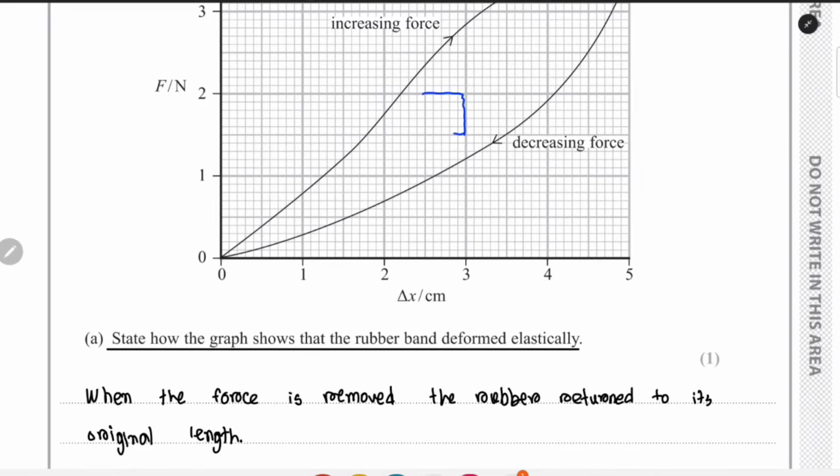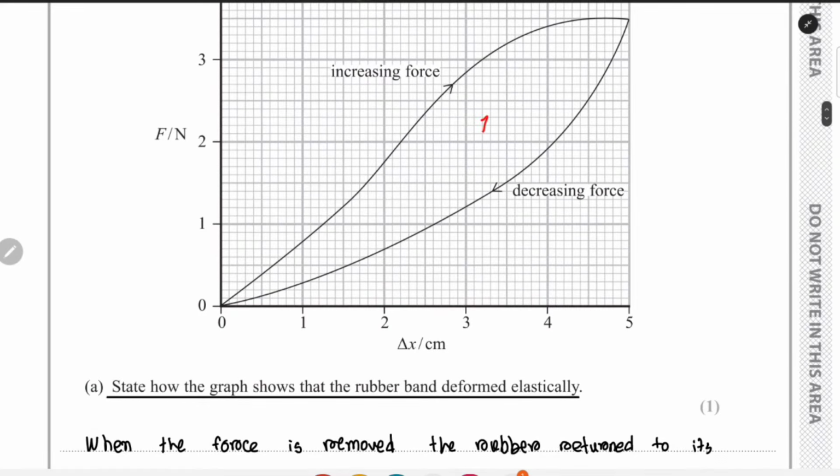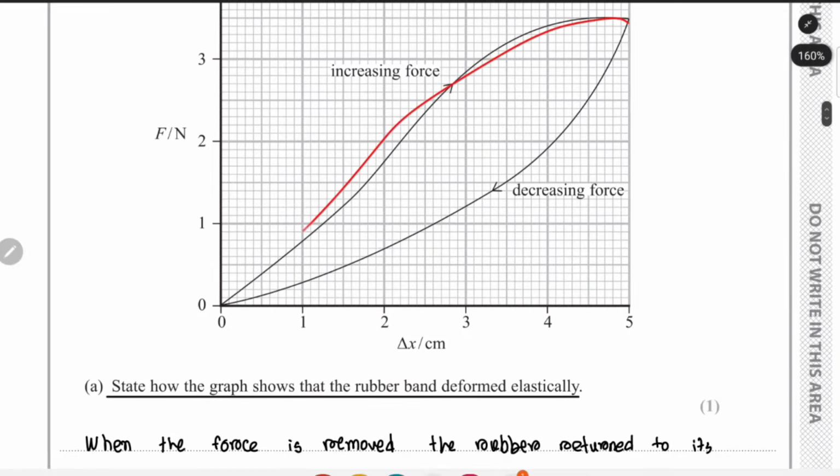I'll count with these boxes over here. So one of these boxes has an area of 0.5 times 0.5, so 0.25 Newton centimeter. So we need to count how many full boxes are in between this and this.